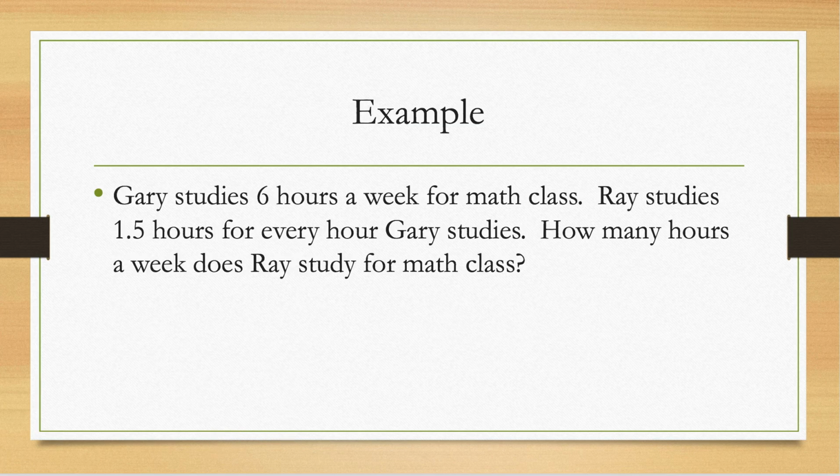All right, our last problem says Gary studies 6 hours a week for math class. Ray studies 1.5 hours for every hour that Gary studies. How many hours a week does Ray study for math class? Again, this one is a little bit more difficult because our pieces are arranged in a slightly different order. So I'm going to take this sentence, which gives me a complete ratio.